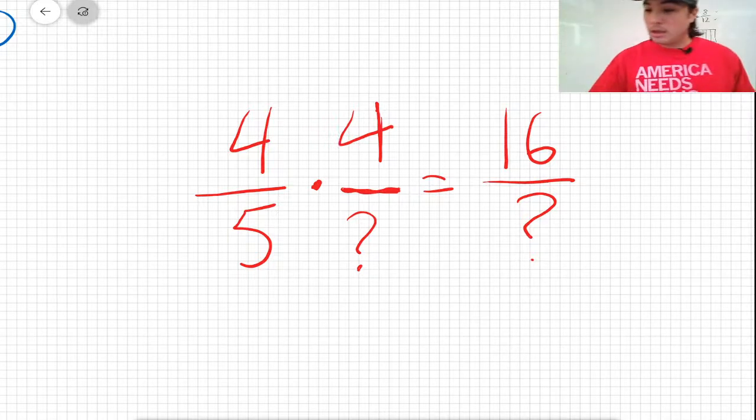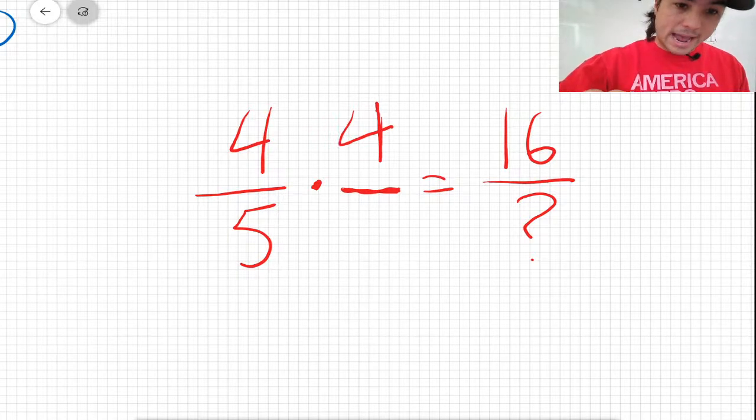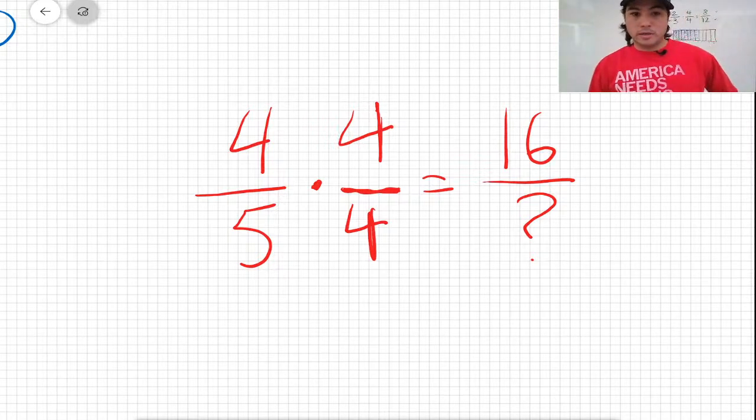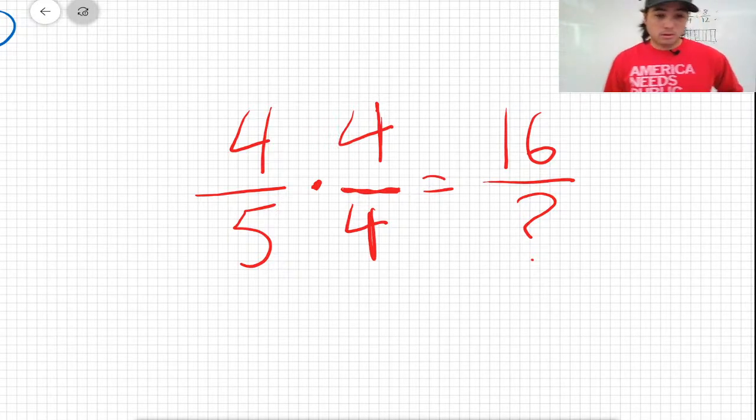So this question mark below our 4 here has to be, if we're making an equivalent fraction, also a 4. Okay? Otherwise, we're not multiplying by an equivalent of 1, so we're changing the value of our starting number. Okay? So now we know what we need to do on the denominators.